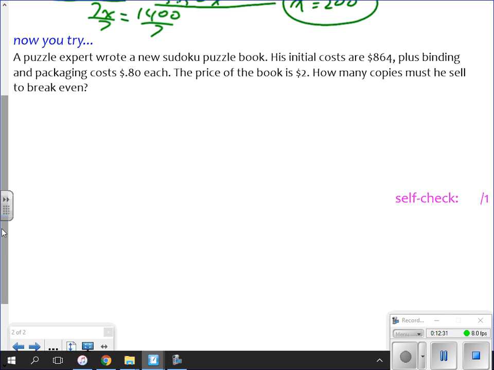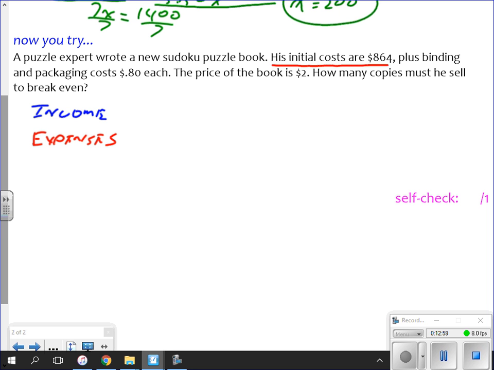Okay. Same idea. We need to have two equations. One for income and one for expenses. Okay, it's actually easier when you read the equation to do the expenses first, because that's what shows up first.